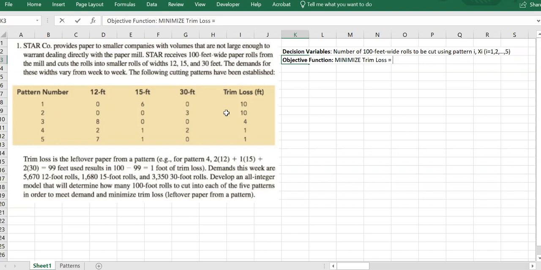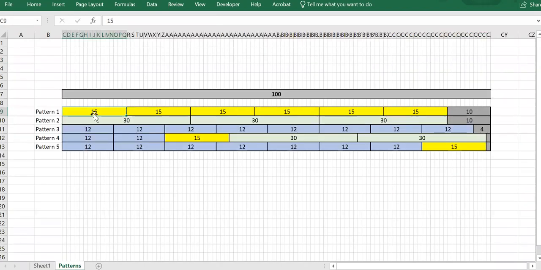For each 100 feet wide roll that you cut using pattern 1, there's going to be 10 feet of trim loss. But now if you use x1 units of these big rolls, there's going to be 10 times x1 of trim loss, only for pattern 1.